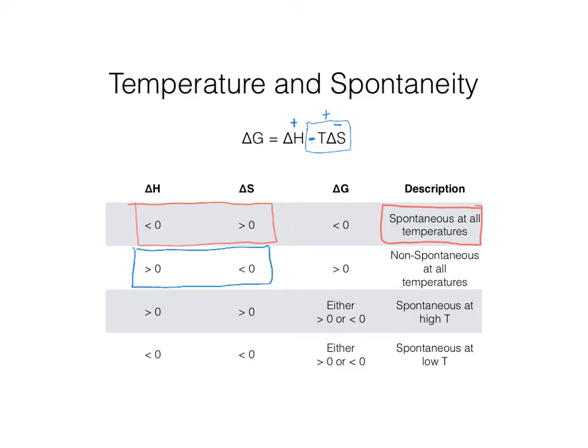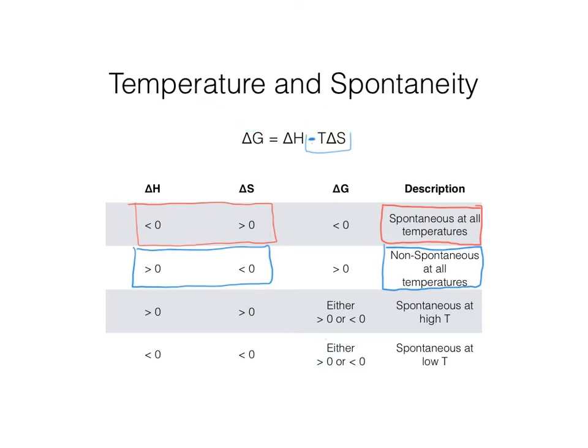A positive and a positive term means that delta G is always going to be positive, which means that a reaction under these conditions will be non-spontaneous at all temperatures.